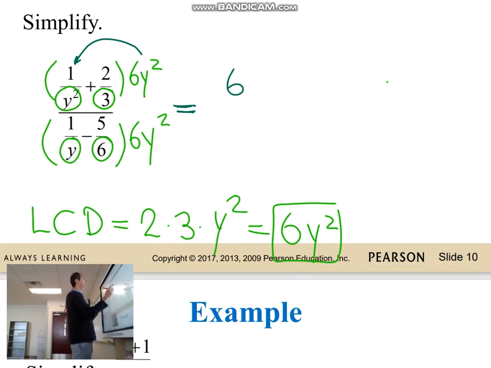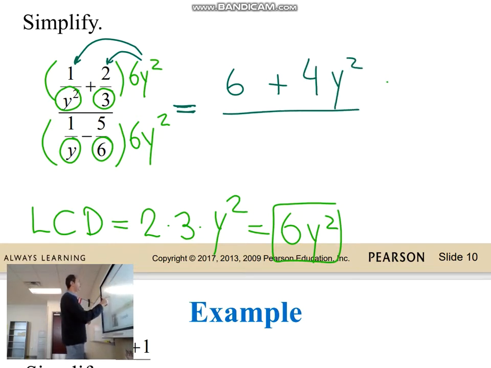If we multiply 6y squared by 2 over 3, we have 2 times 6, 12, 12 divided by 3, 4y squared. And 6y squared multiplied by 1 over y is 6y, and 6y squared times negative 5 over 6 is negative 5y squared.